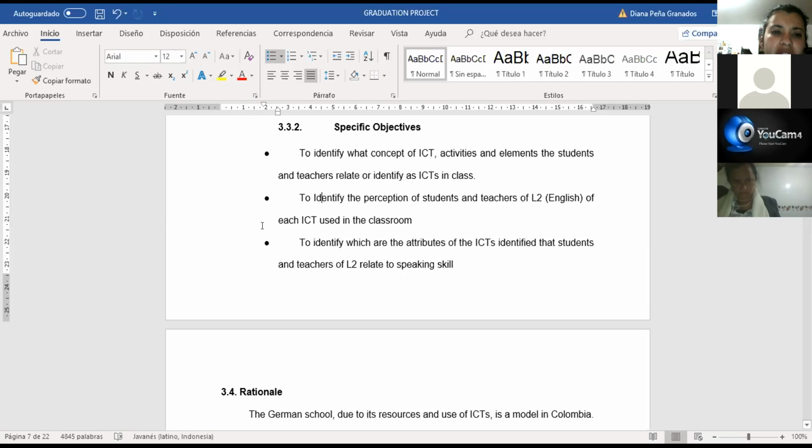Well, it can be two, no? To identify teachers and then students, as you have. Activities and elements the students and teachers relate to, or no?